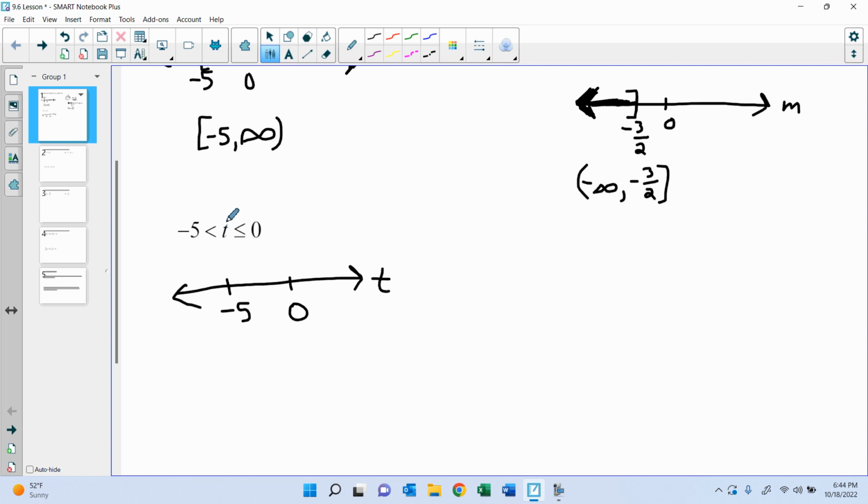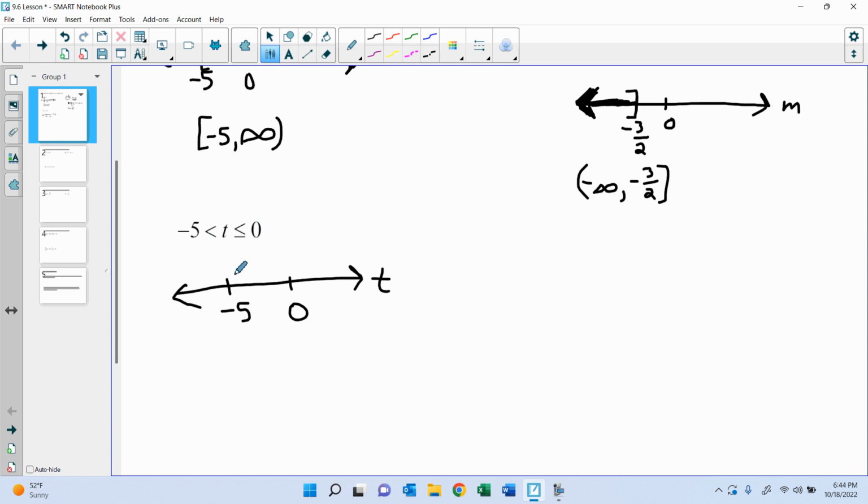So for this one, this basically is read: T is between -5 and 0, including 0, because we have the equal to part here. So we would say inclusive of 0 or including 0 because it is included there. And so when we do this, -5 does not, there's no equal to part here.